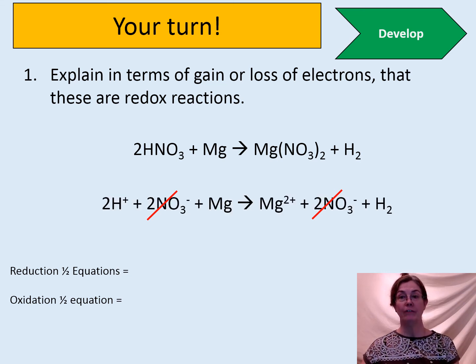So here we've split it into its ions. Now you need to decide which is the reduction half equation and which is the oxidation half equation, and write them out. So which species have changed and which species have stayed the same.